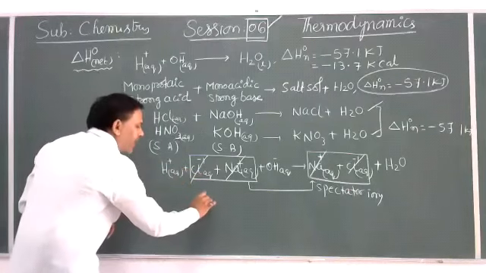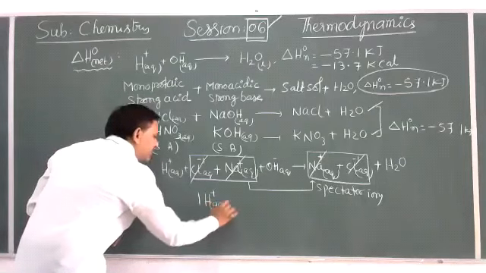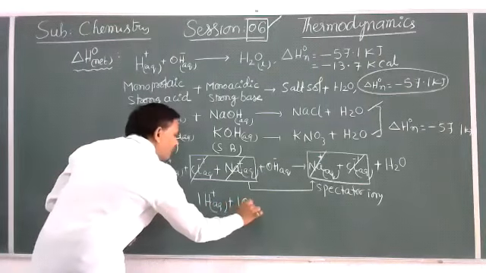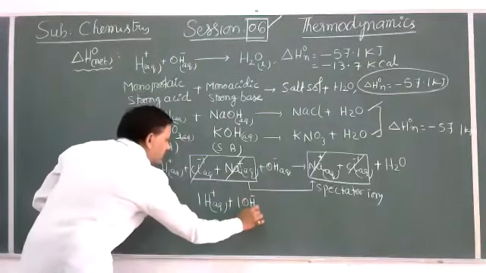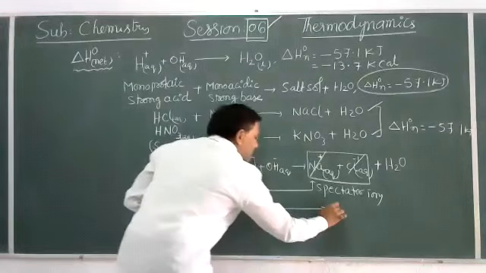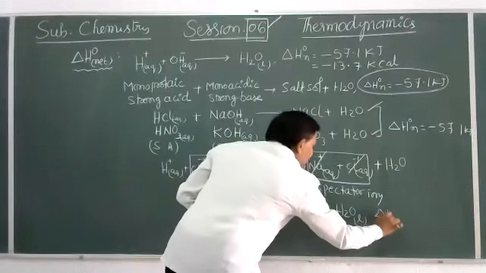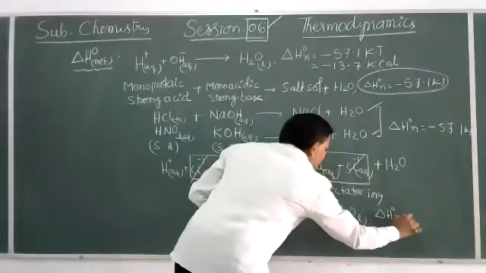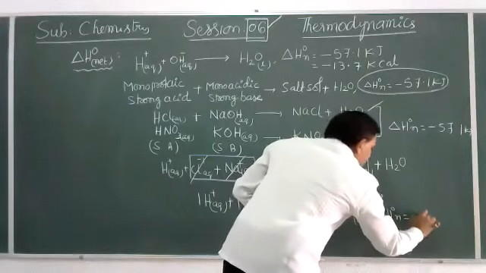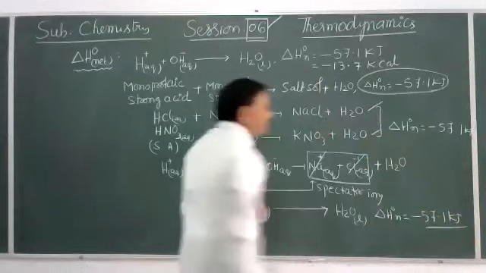The ions get cancelled. Finally, 1 mole of aqueous H plus and 1 mole of aqueous OH minus give undissociated water, H2O liquid. Now delta H naught N is always constant, that is minus 57.1 kilojoules per mole.